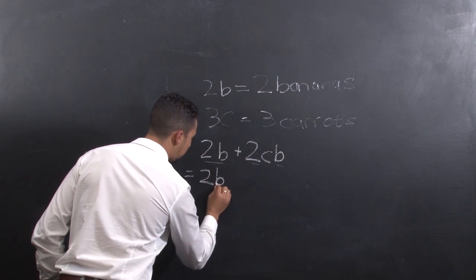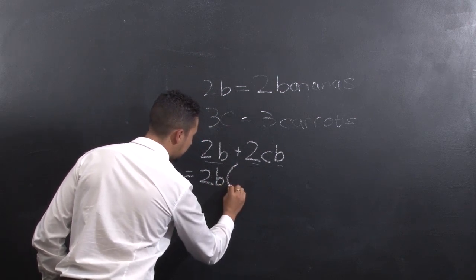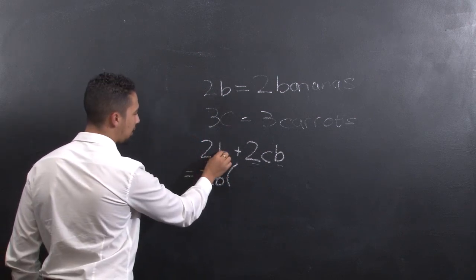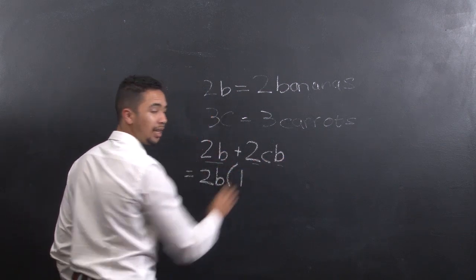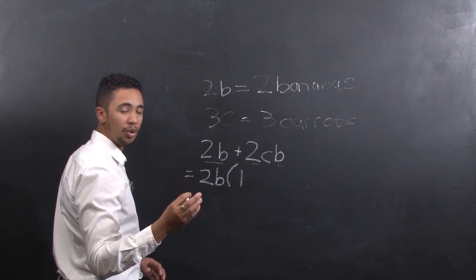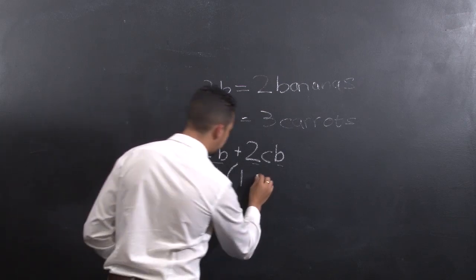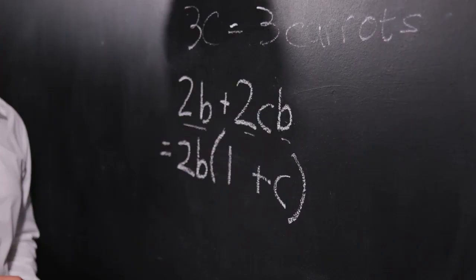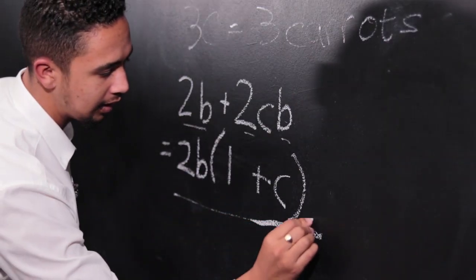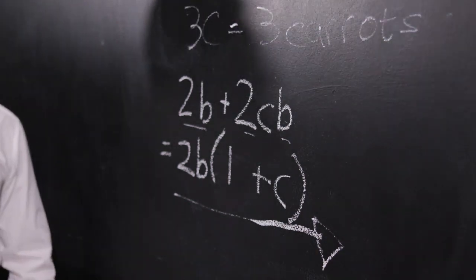And when we remove, we leave a bracket. If we take 2B divided by 2B, will give you 1. 2CB divided by 2B leaves C. And that is its simplest form.